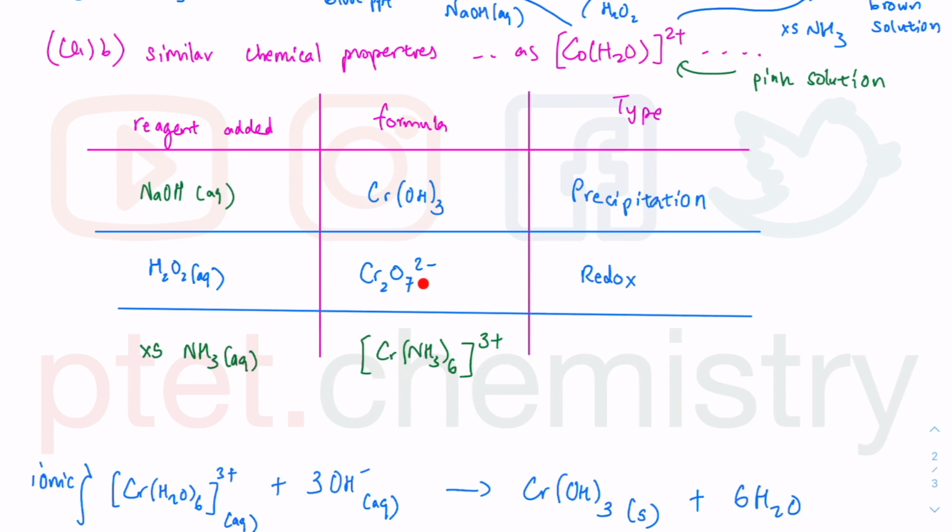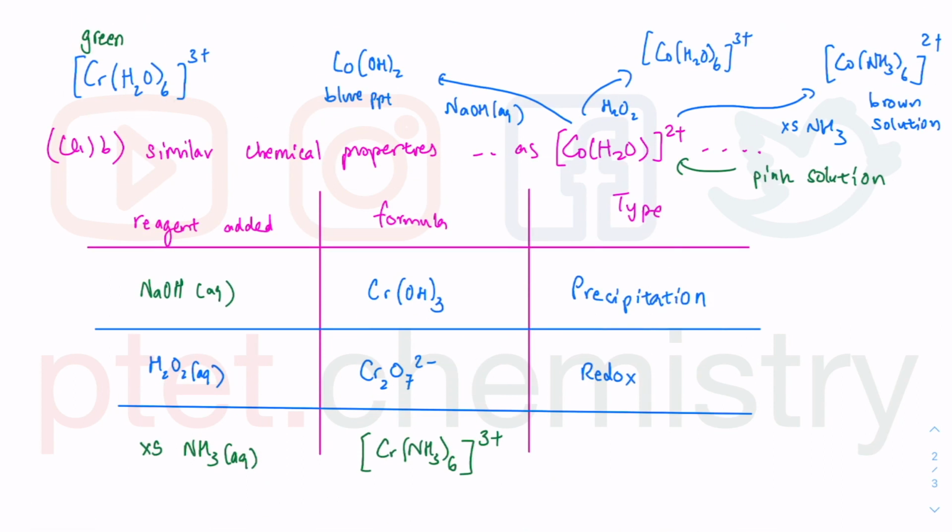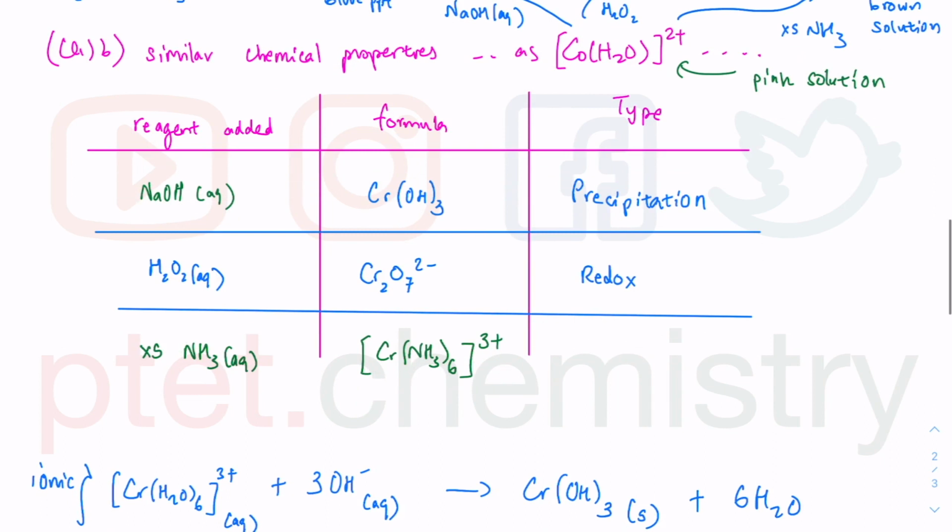They go from orange to green. This is the green color of that aqueous chromium 3 plus. So that is just your classic ligand substitution reaction because you're just substituting one ligand with another, and this ligand is the same as H2O in the sense that they are both uncharged, zero charge ligand there.